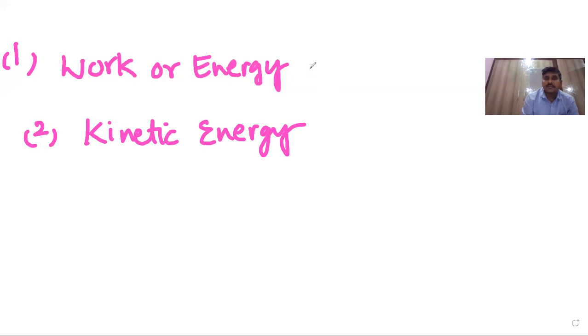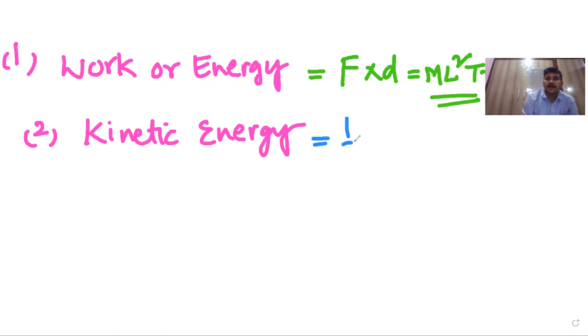Work or the energy is force into displacement, which is nothing but ML square T minus 2, the dimension formula. Similarly, the kinetic energy is half mv square.